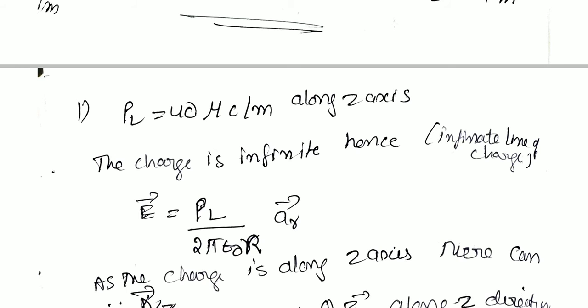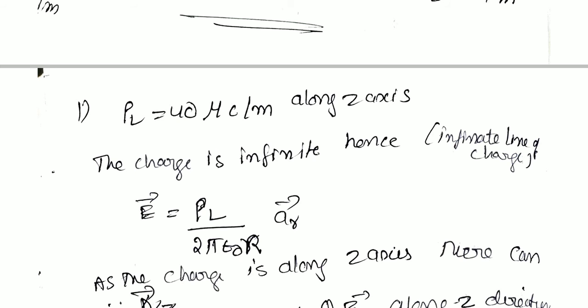But the electric field along the z axis, if I consider the field due to the unit vector along the z axis, the value we can neglect, or we can consider it as 0, because of the symmetry, the infinite line is there.